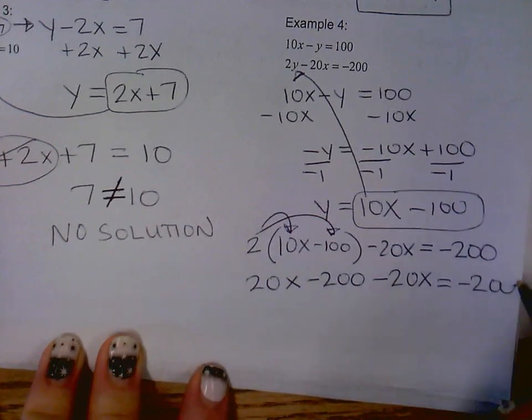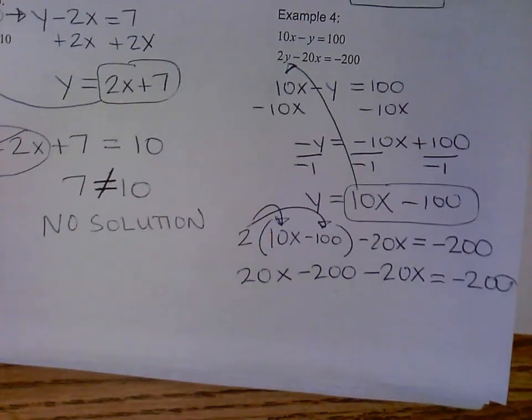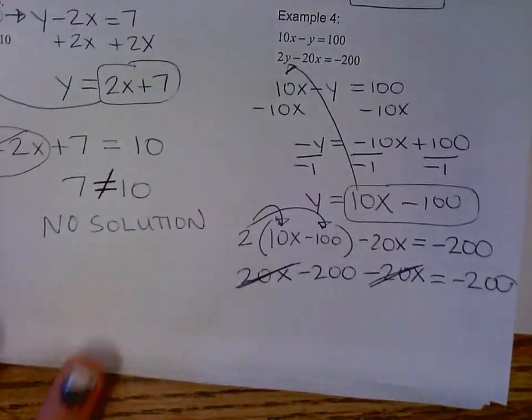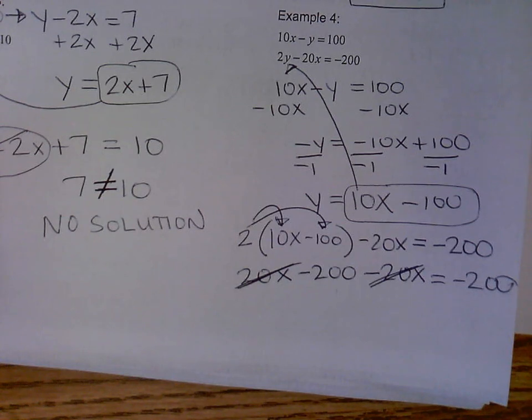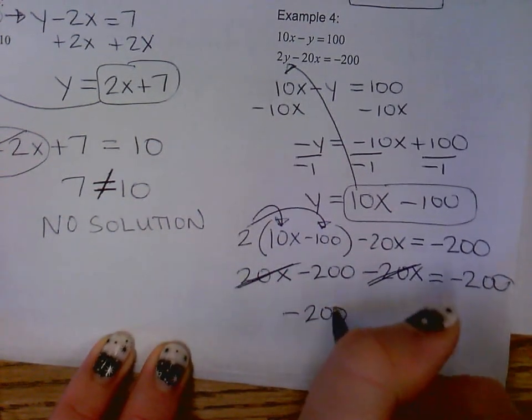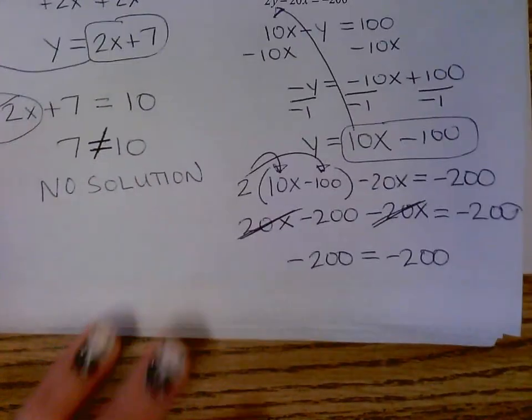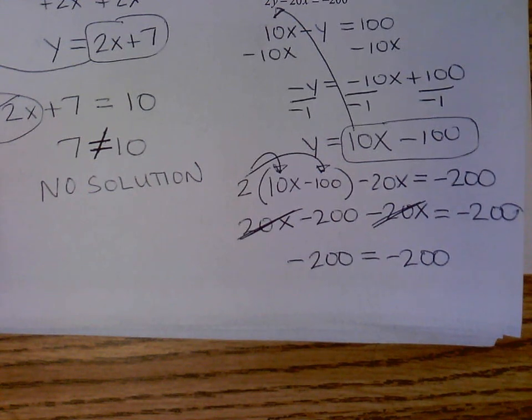So what's happening on this problem? Everything cancels out. Well, the x and the x cancel out, right? Because you have a positive 20 and a negative 20. But you get negative 200 on one side and you get negative 200 on the other side, and I have no x's to solve for. But do I have a true statement?